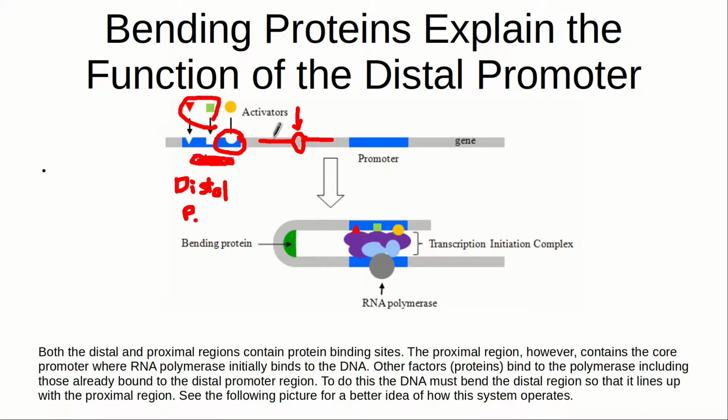But a lot of times these silencers will be like GAGA. What they're doing is they're not bending the DNA correctly, and when you don't bend the DNA like this correctly, these things don't bend over and enhance it, and therefore you don't get as good of transcription or you weaken it. So a lot of times something like a GAGA will be this protein that sticks here that allows it to bend over. And that's what's happening here.